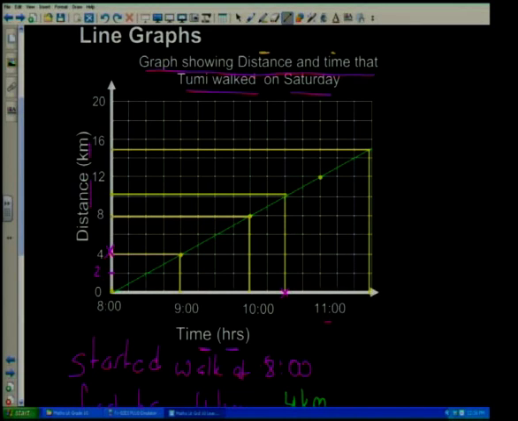We've got 11 there, and there's 11:30. Remember, we were dealing with 4 blocks per hour, so every block must represent 15 minutes. So she finished walking at 11:45, and she had done 15 kilometers.